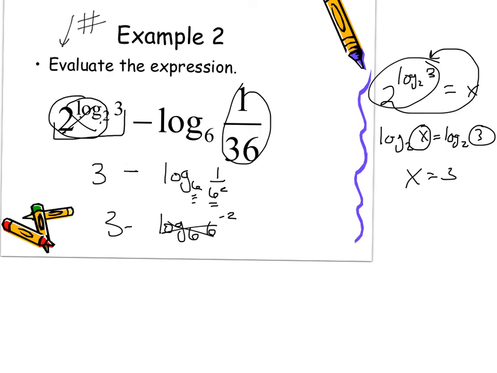These guys cancel out, right, because of the 6 and the 6, and I have 3 minus a negative 2, and that's going to equal 5. So that's how we can evaluate logarithms, get a specific number, by working with these different properties of logs that we've talked about. This is how we use that one-to-one property that was in one of the previous videos.